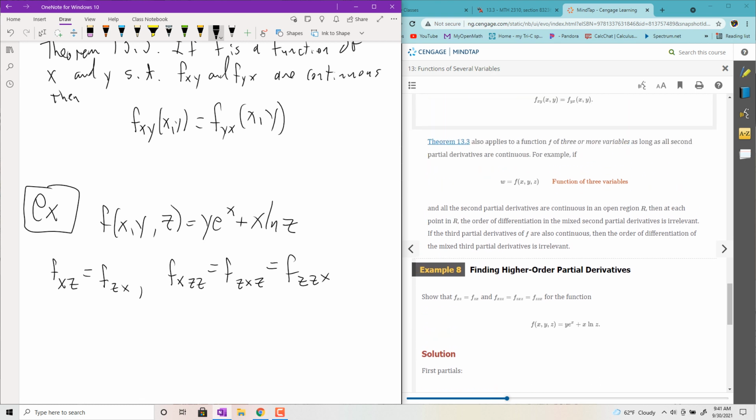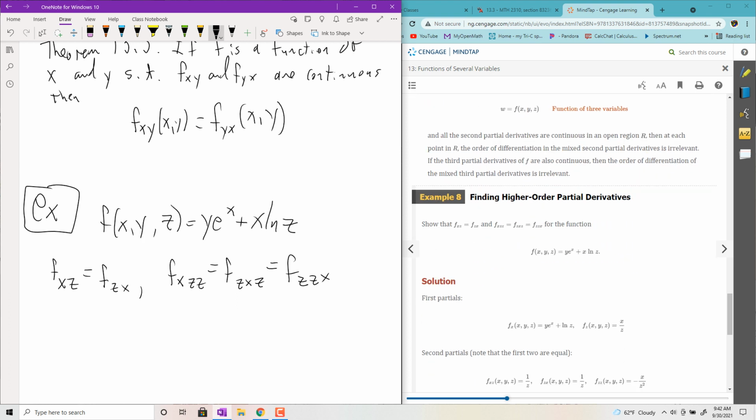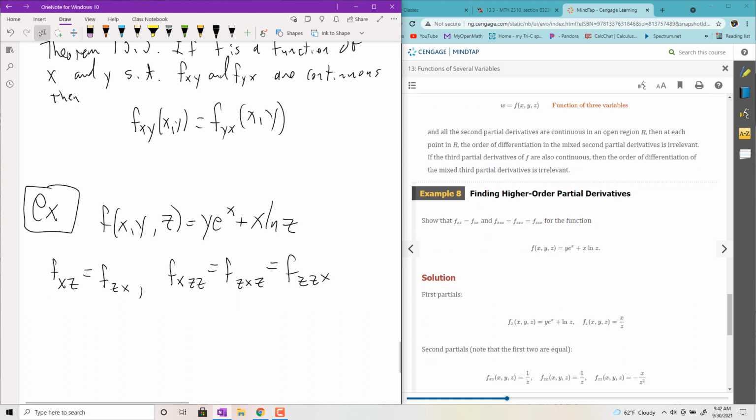And you see in the note up here, it says this also applies to functions of 3 or more variables. As long as all the second partial derivatives are continuous, then at each point in R, the order of differentiation in the mixed second partials is irrelevant. If the third partial derivatives are also continuous, then the order of differentiation of the mixed third partial derivatives is irrelevant.